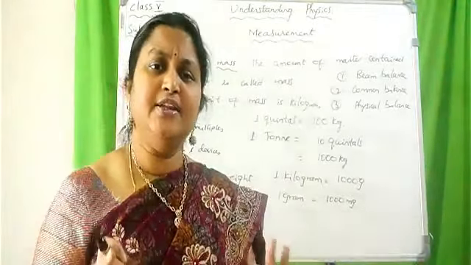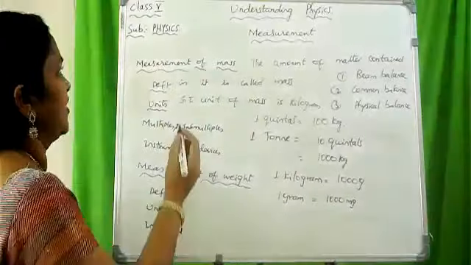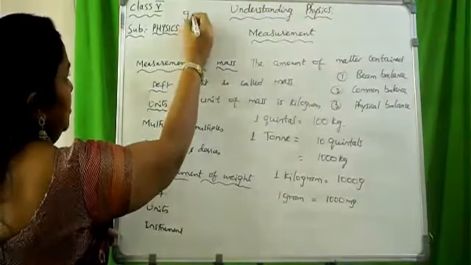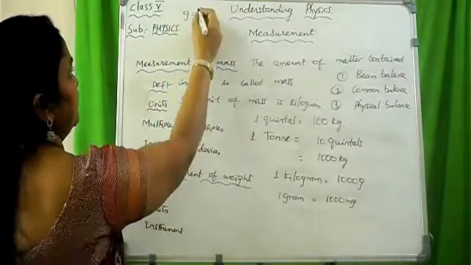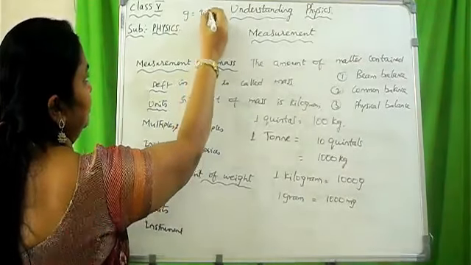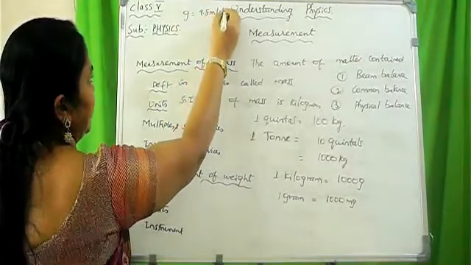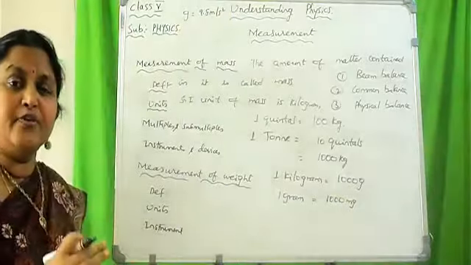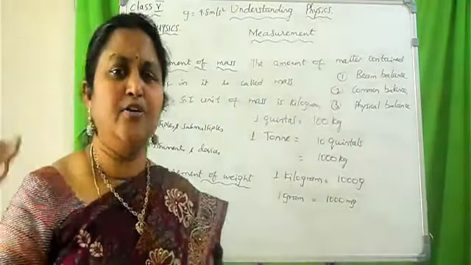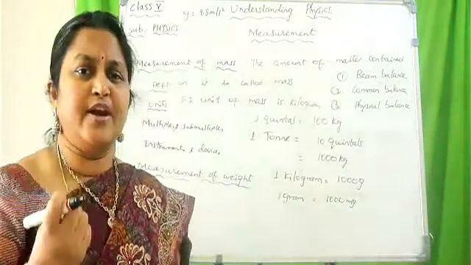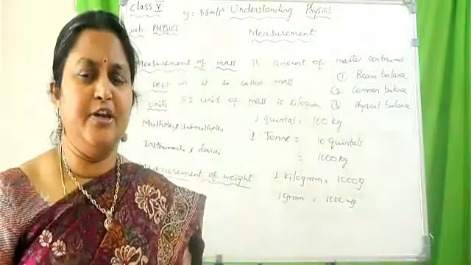On the surface of the earth, it is 9.8 meter per second square. Anywhere on the surface of the earth, the value is constant, 9.8 meter per second square. But whenever you move from this place to another planet or satellite, the force of gravity will be different. This word gravity will be completely new for you.